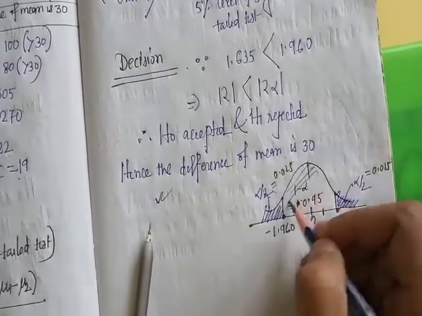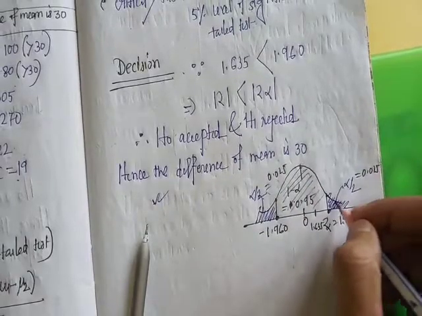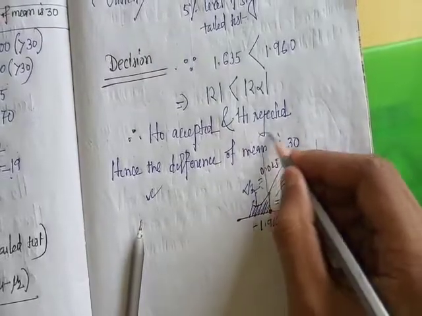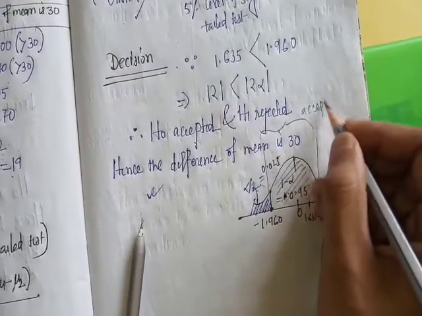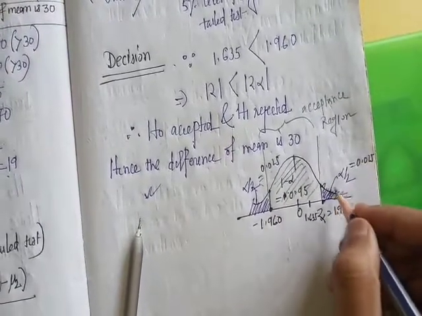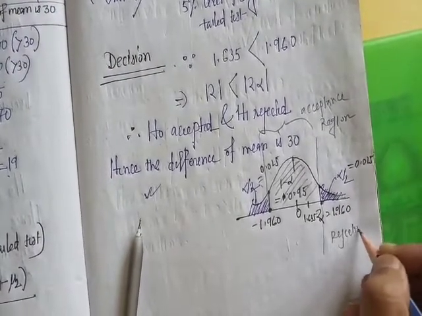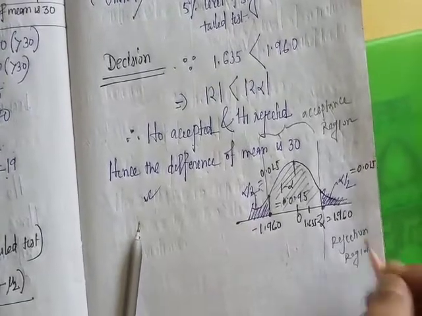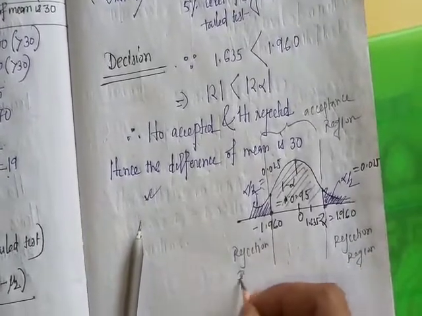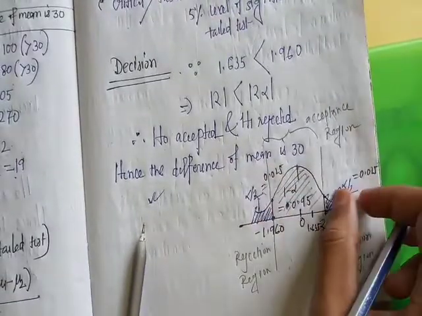This region is called the acceptance region, and these regions are rejection regions. In the acceptance region the null hypothesis is accepted, in the rejection regions the null hypothesis is rejected.